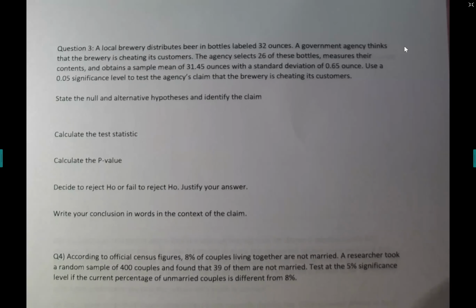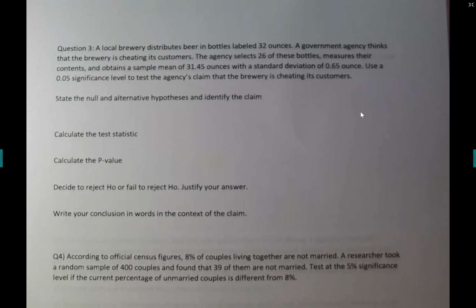That's a good one. It did confuse a couple of my students this morning, but one other student was able to pick this up. A local brewery distributes beer in bottles labeled 32 ounces. So they're supposed to put 32 ounces in there. A government agency thinks that the brewery is cheating its customers.